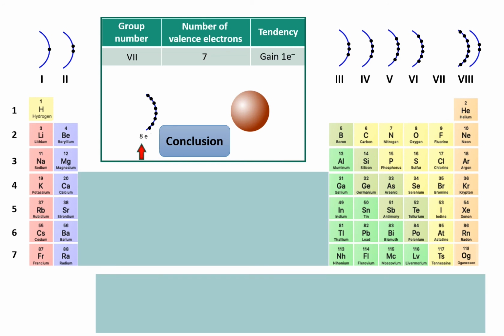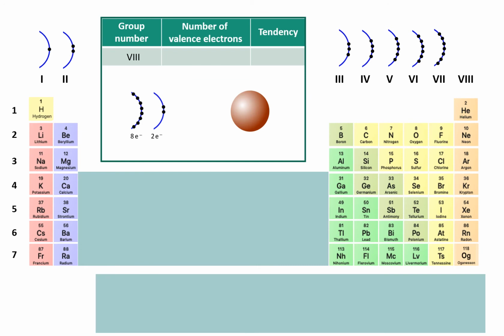It is easier for group 7 elements to gain 1 than to lose 7. In group 8, the valence shell is stable. Whether an atom has one valence shell with 2 electrons, as is the case with helium, or whether it has 8 valence electrons, as is the case with the other group 8 elements, an atom in this group is stable. The tendency is not to react. There is no loss or gain of electrons.